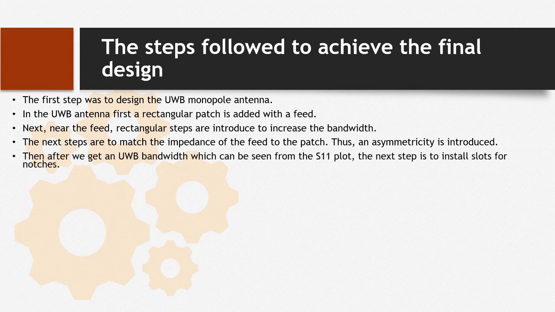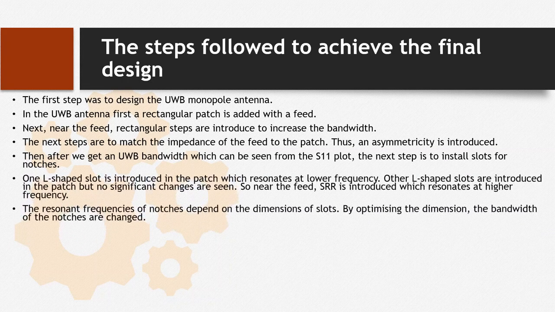The next was to install slots for notches. An L slot is introduced in the patch for lower frequency. The other L slots are also introduced, but no significant changes are seen. So an SRR is introduced for higher frequency near the feed.